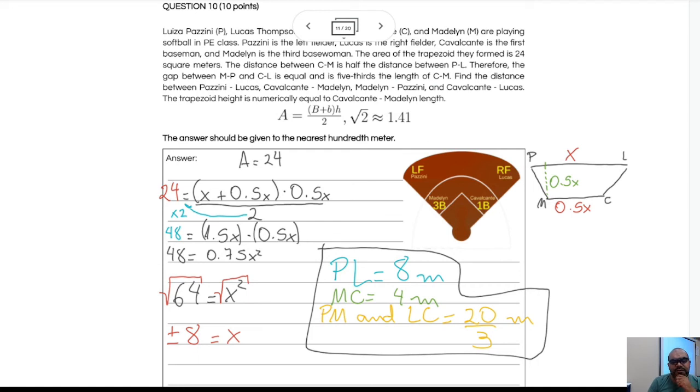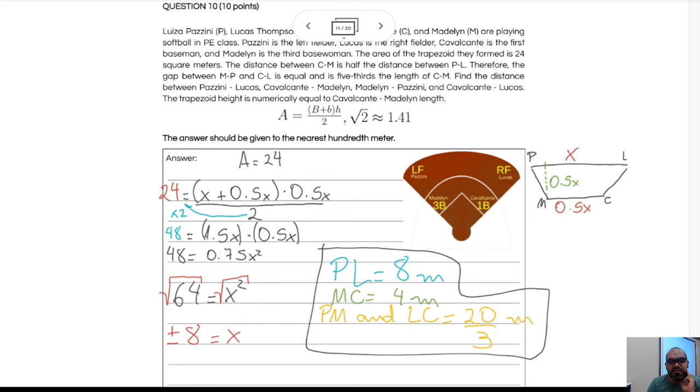And Madeline Cavalcante's is half of that distance, which is 0.5x, or 1 over 2 x. It's the same. The height, guys, read the whole sentence, because the height is at the end. The trapezoid height is numerically equal to Madeline Cavalcante's. If Madeline Cavalcante's is 0.5x, the height also is 0.5x.